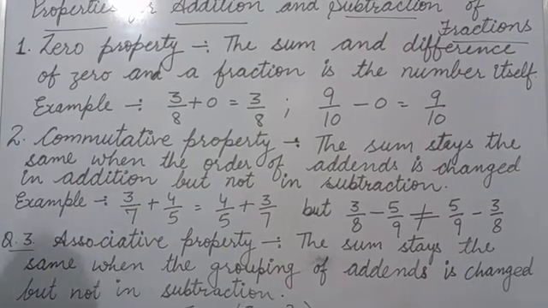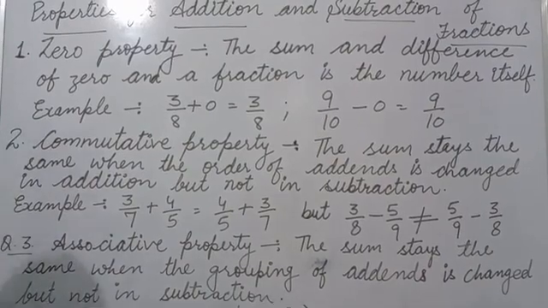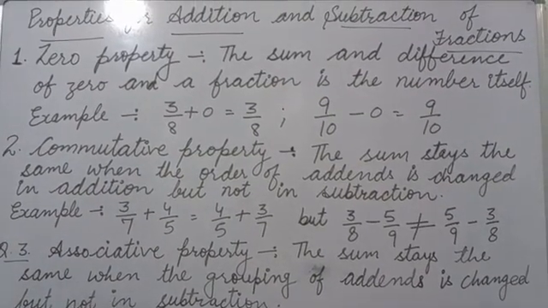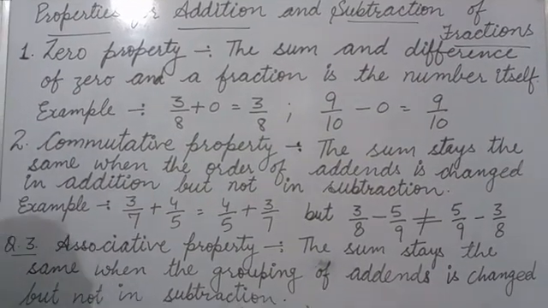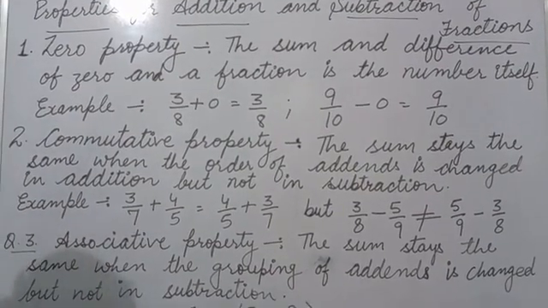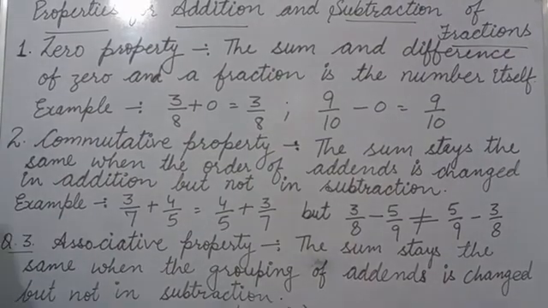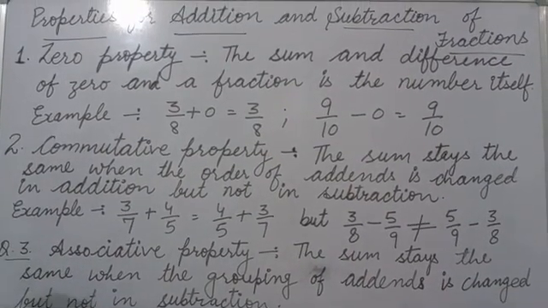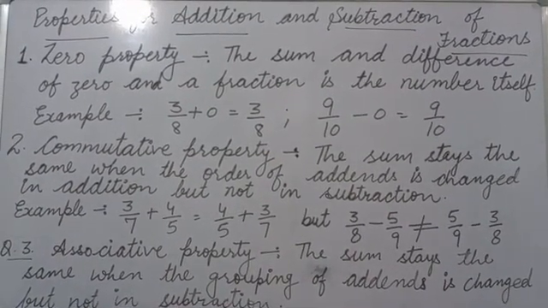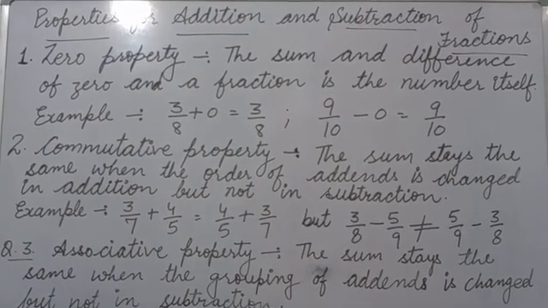Then the second is the commutative property. As you know, you have done this with simple numbers also. Commutative property means we can change the order of two numbers or two fractions, but only in addition, not in subtraction.